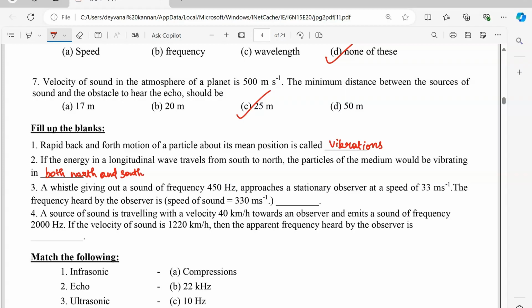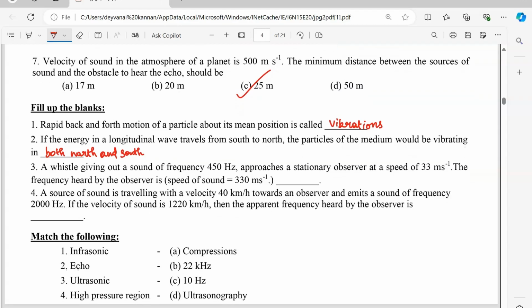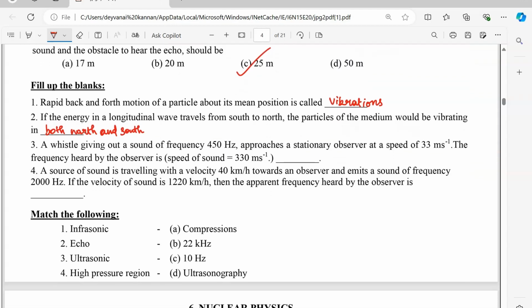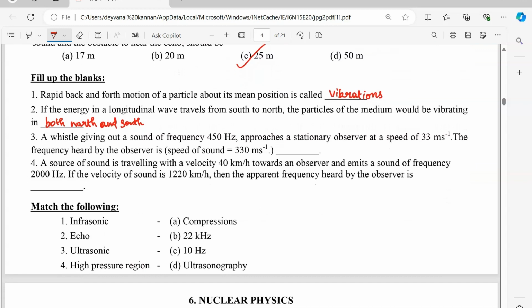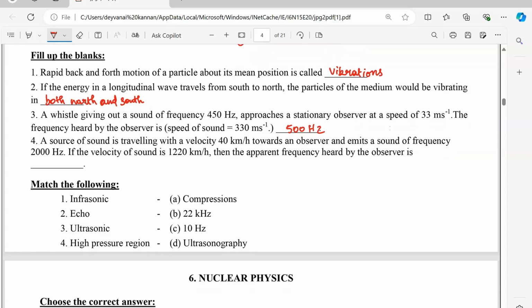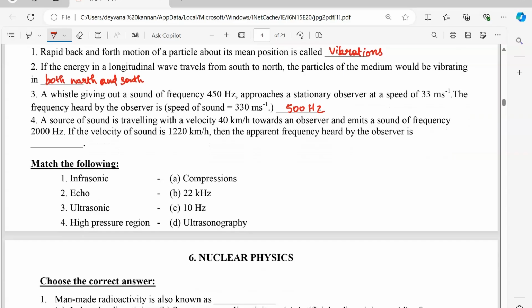A whistle giving out a sound of frequency 450 Hz approaches a stationary observer at a speed of 33 m/s. The frequency heard by the observer is 500 Hz. The source of sound is traveling with a velocity of 40 km/h towards an observer and emits a sound of frequency 2000 Hz.